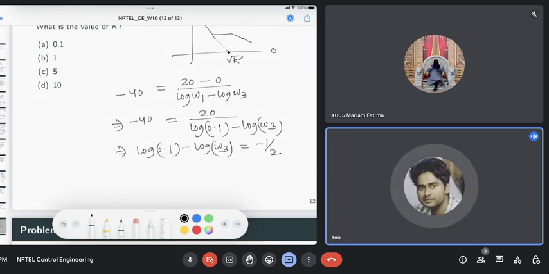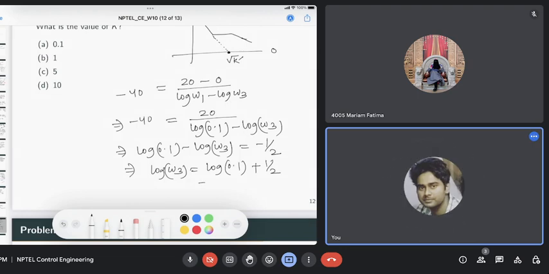So 20 by minus 40 is minus half. Now apply that: log omega 3 equals log 0.1 plus half.